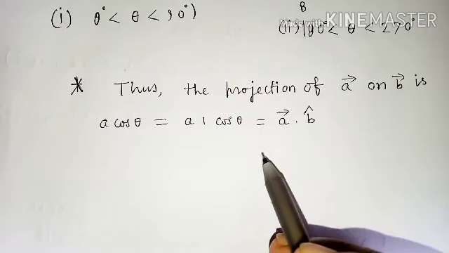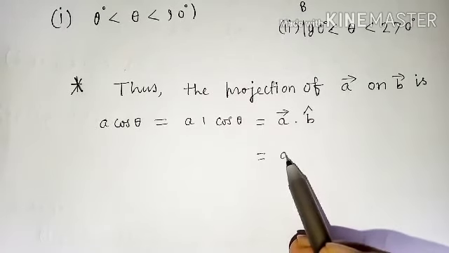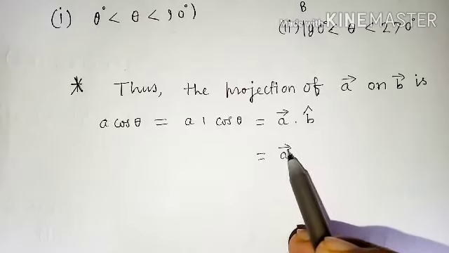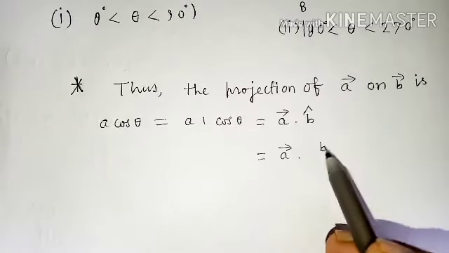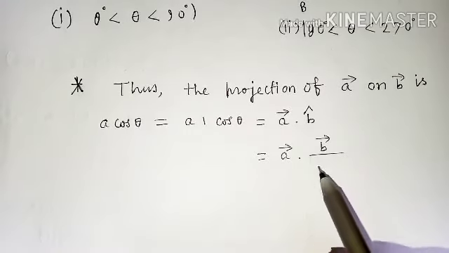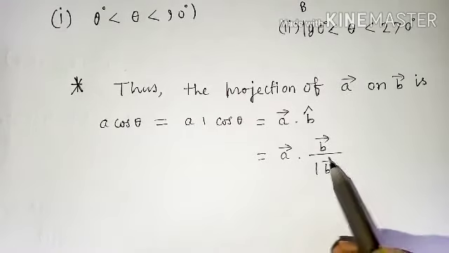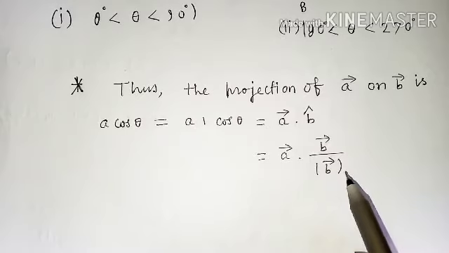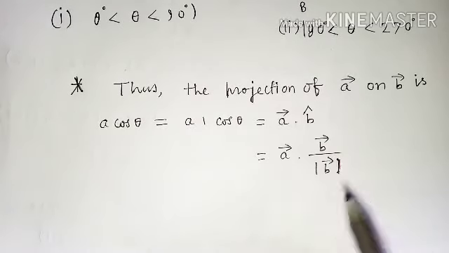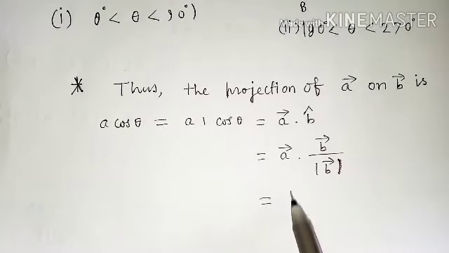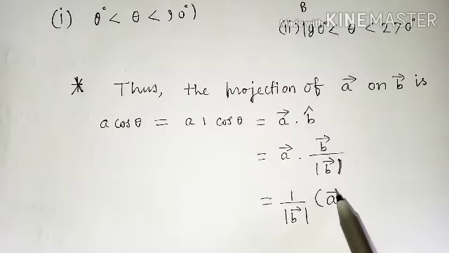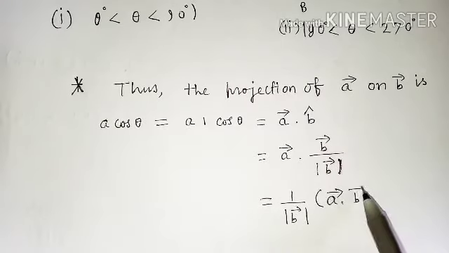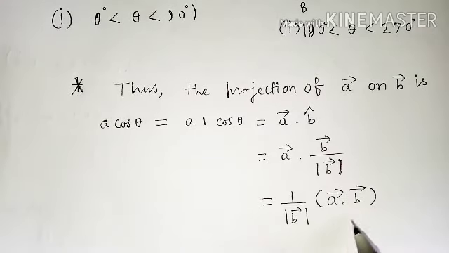We know that B cap is vector B by magnitude of vector B. So we can write it as 1 by magnitude of vector B into vector A dot vector B. So this becomes the formula.